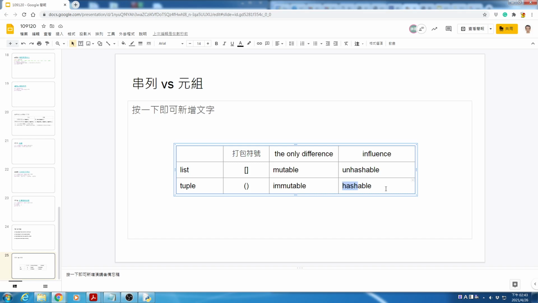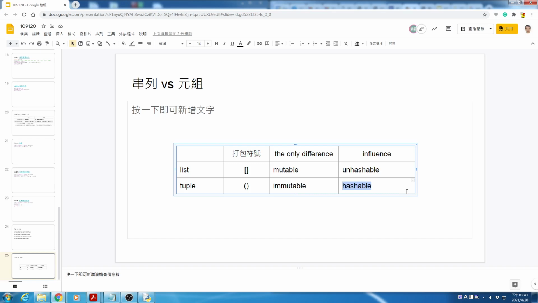You will be given a chance to elect this course. All right? And at that time, I will tell you what does it mean to be hashable. Advanced computer programming. Okay?